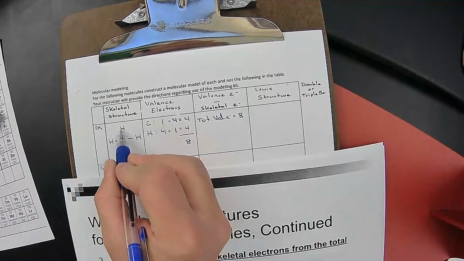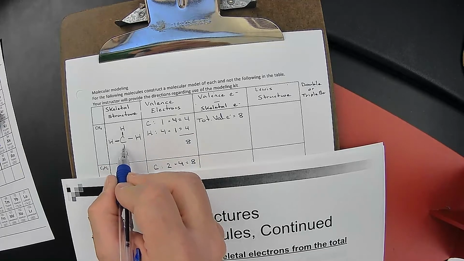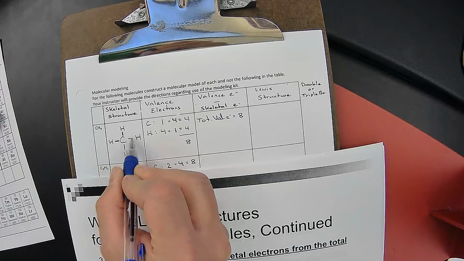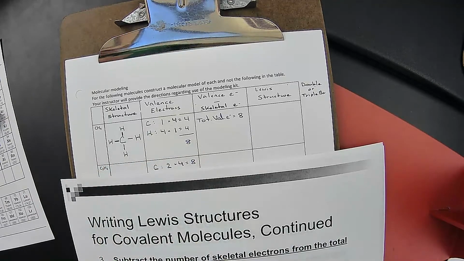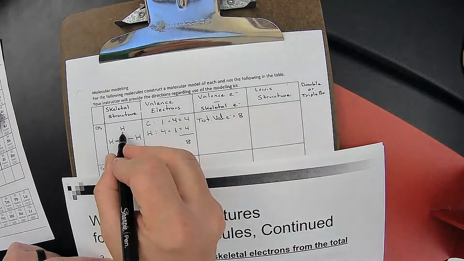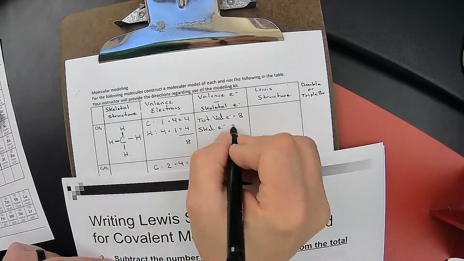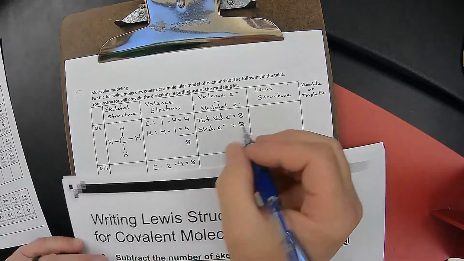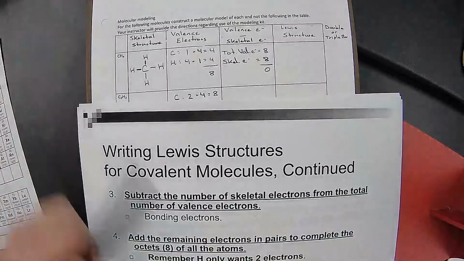When I originally connected this molecule with the atoms, there are 2 electrons, 2 electrons, 2 electrons, and 2 electrons, 2 electrons for each one of these covalent bonds. So in this one, there are 2, 4, 6, 8 skeletal electrons. So when we subtract those, we end up with no electrons available for bonding.